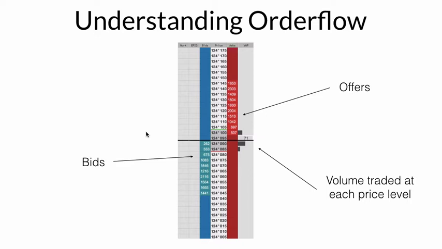Even with futures, the same thing might happen, and we're looking for that, but we're looking for these big traders to execute their trades over a faster sort of time period. So that might not be a week for us, that might be 5 minutes, 10 minutes, it might be an hour.